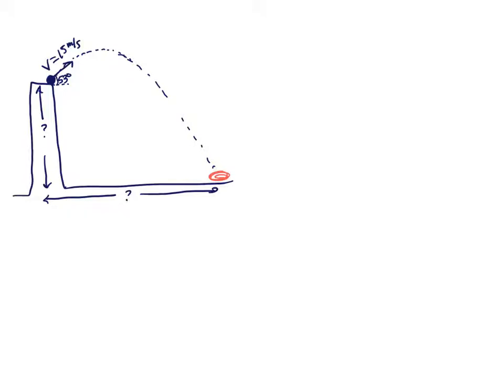Now, the first thing we're going to need to do is deal with that angled velocity. So let's come over here. Let's redraw it nicer so that we can really decompose that 15 meters per second into a horizontal Vx and a vertical Vy initial. And we know this angle here is 53 degrees. We can use our trig functions.